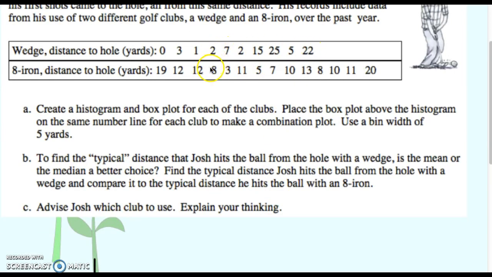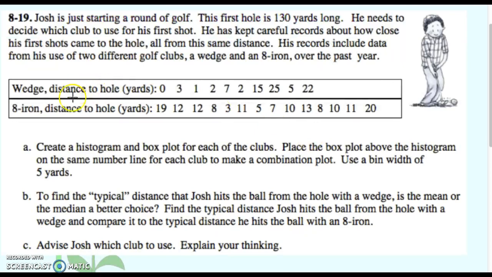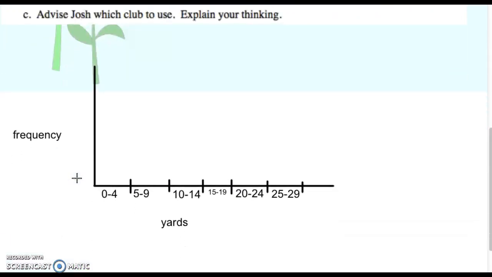And it looks like I have to go higher than 24. So I'm going to do one more bin. Make this longer. This one would be 25 to 29. Alright, so now you're going to need 2 of these actually, because we're going to do one for the wedge and one for the 8-iron.